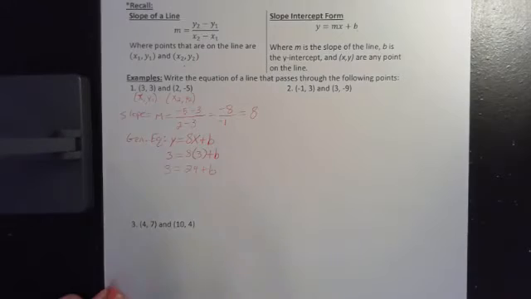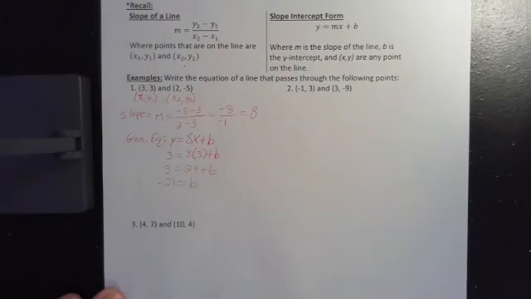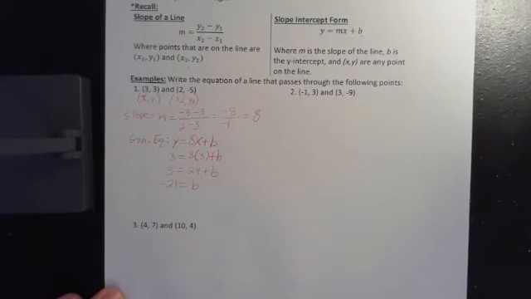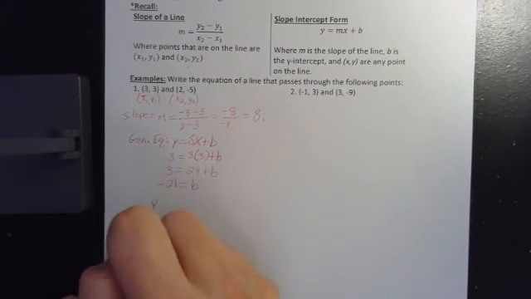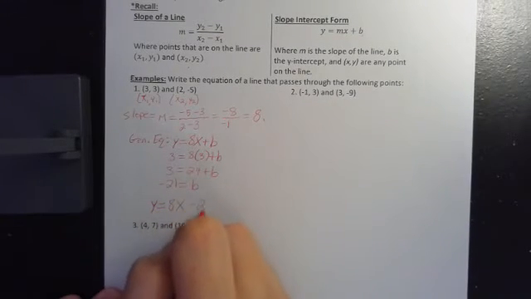I'm going to subtract 24 and get negative 21 as my b value. And then remember the question's asking us to write the equation of a line that passes through these points. So once I have my slope and my y-intercept, my final answer is going to be y is equal to 8x minus 21.